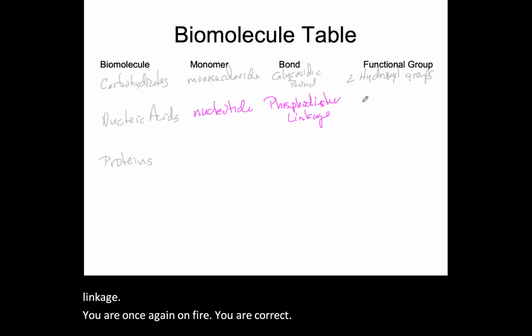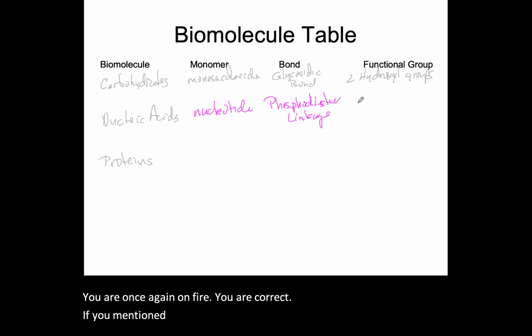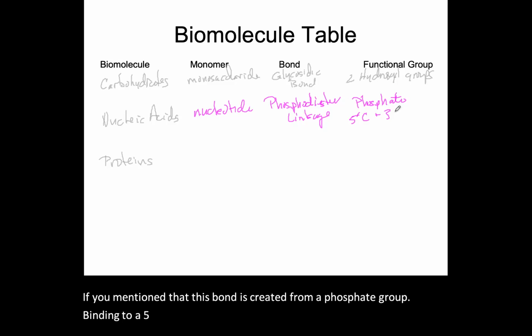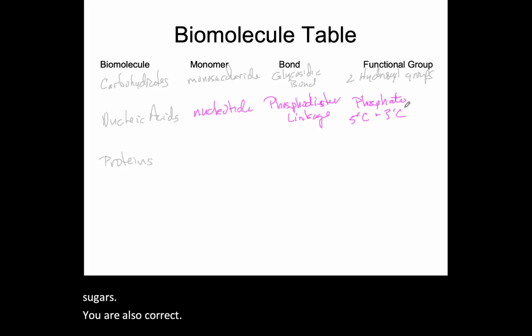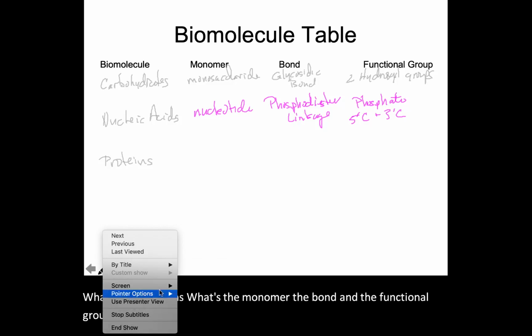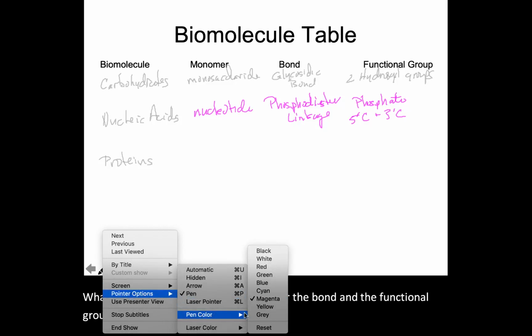And if you mentioned that this bond is created from a phosphate group binding to a 5' carbon and a 3' carbon on surrounding sugars, you are also correct. What about proteins? What's the monomer, the bond, and the functional groups involved in these guys? 10 seconds. Go.